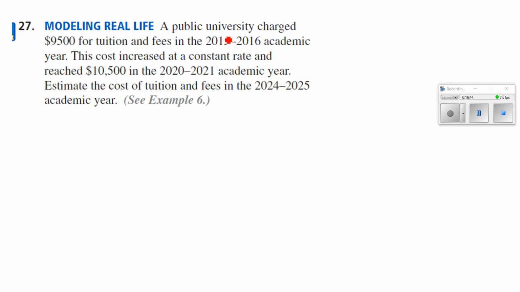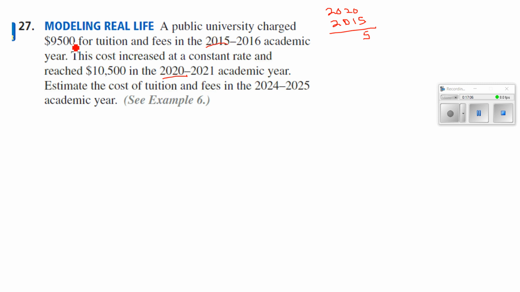So right now we know from 2015, which is the year that we started here, to 2020, how many years went by? Well, 20 minus 15, that's 5. So 5 years went by. And what was the difference in the price?